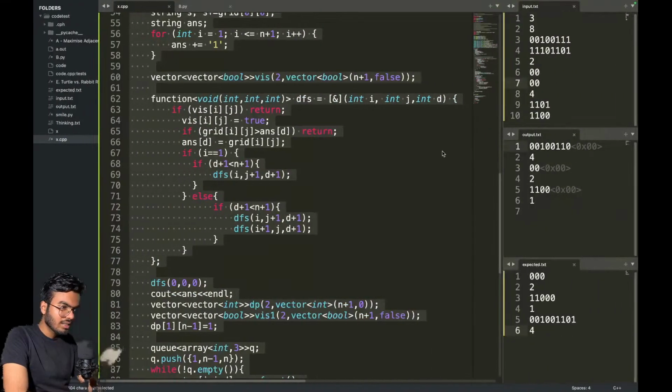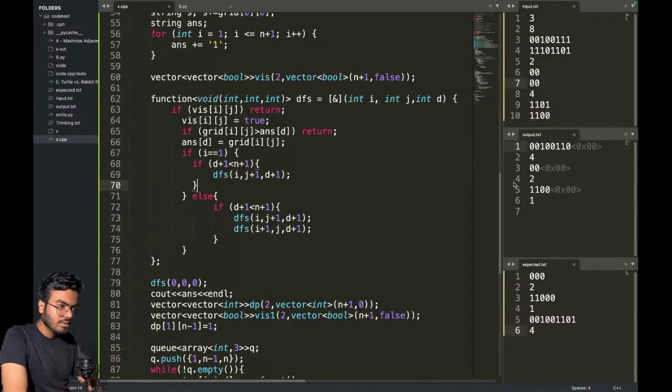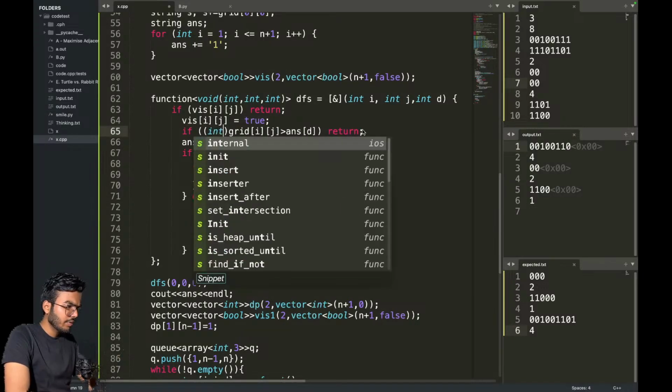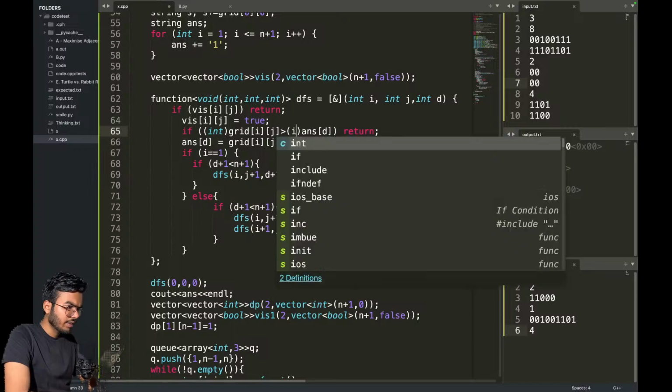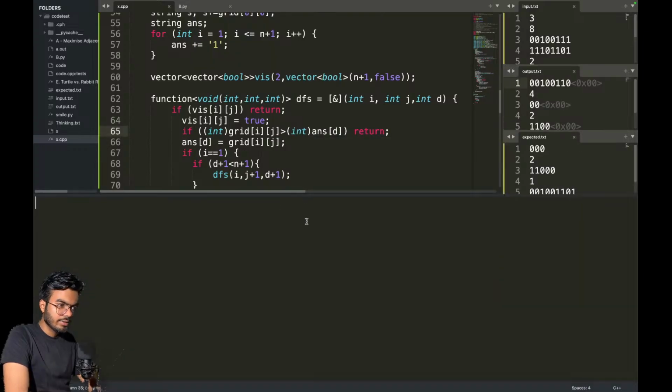What? Zero zero 1100. Why is this happening? If I have grid of I and j, let's convert it to int, and let's also convert it to int.